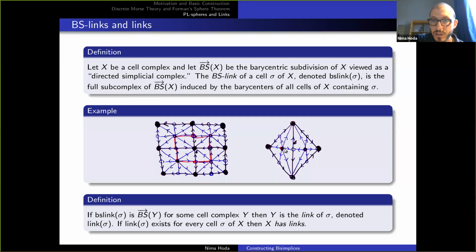There are just 2 original cells that contain sigma: the 2 triangles, and we take their 2 barycenters, and the full subcomplex on those 2 is discrete. So in this case, the link is just two vertices. Okay, so that's what a BS link is.